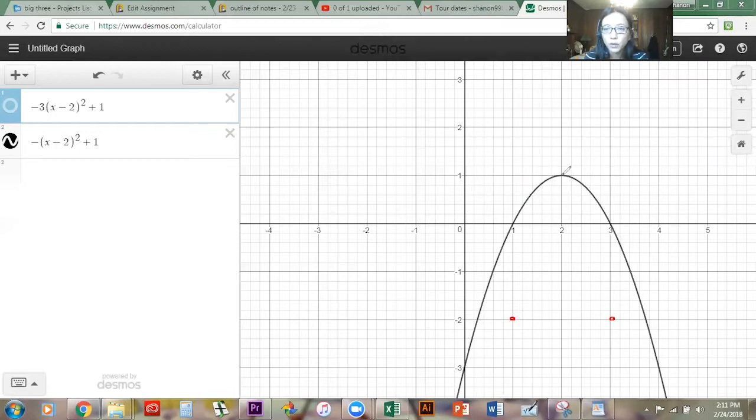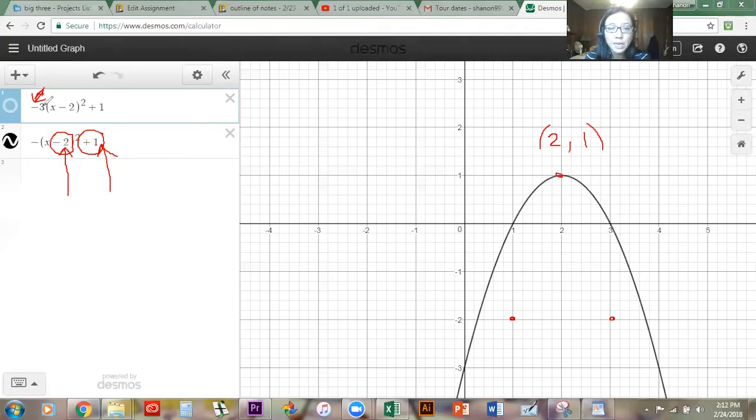Please remember our vertex has been affected by the shifting here, but no other part affects the vertex. As soon as we know what kind of shift occurred here and what kind of shift occurred here, our vertex is defined.